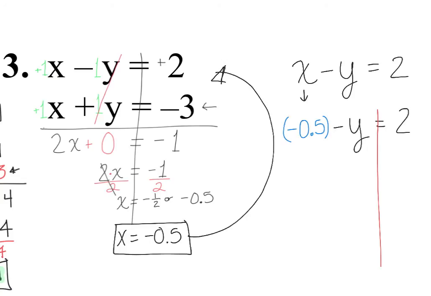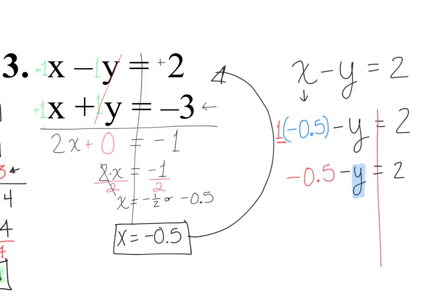Alright, these are parentheses, so I always want to multiply or distribute whatever number's on the outside. When you don't see one, that's just a 1. So 1 times negative 0.5 is still negative 0.5. Minus y equals 2. Alright, we go ahead and solve this by isolating my variable, which is my y.